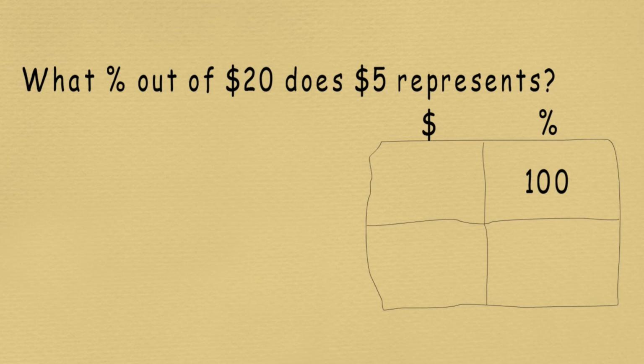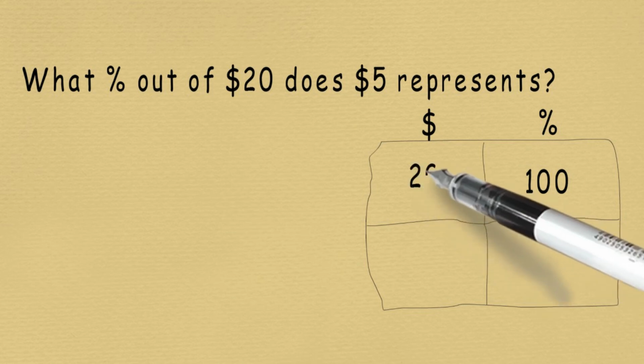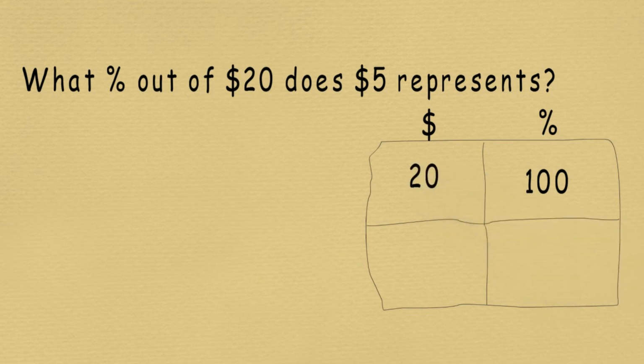So they're going to be written down in the column designated for money. Okay? But I'm also noticing that 20 represents 100%. So I'm going to write 20 next to 100. And now, underneath the 20, I'm going to write 5. And now, since I don't know what percentage $5 represents, I'm going to write an X next to 5.